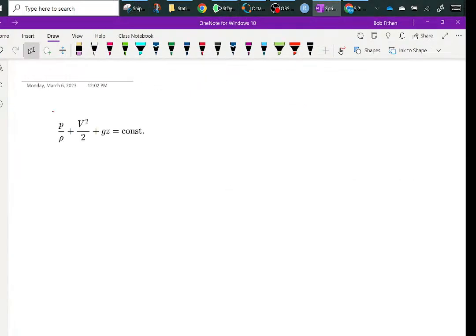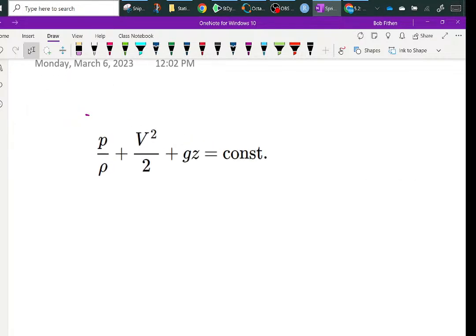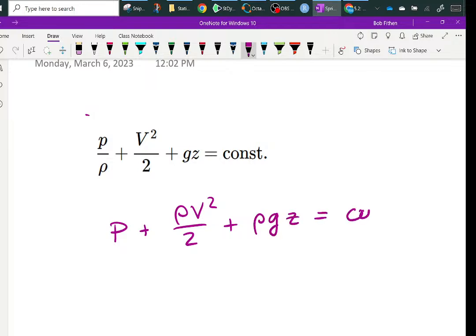If you look at the equation, a lot of people like to list it like this. And then they took the rho and the g and the z, and it equals another constant. It's still equal to a constant, but you're just multiplying everything times rho to get this one. So this is a different constant.